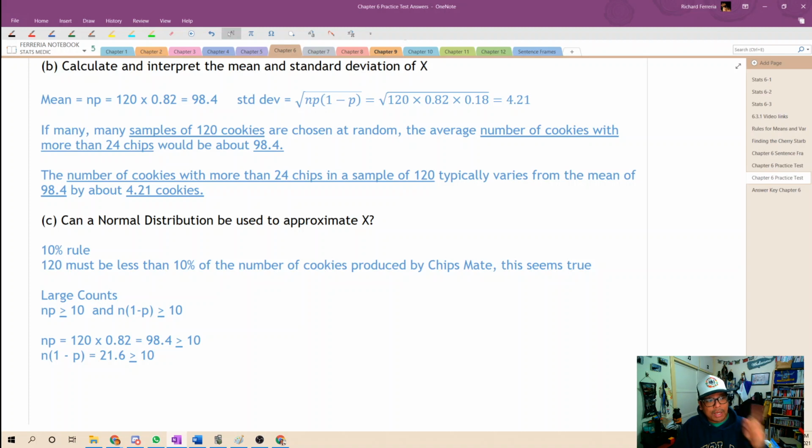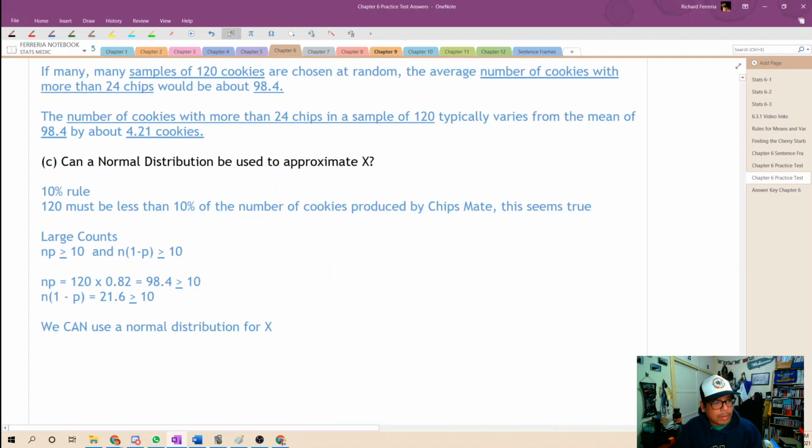We satisfied the 10% rule. We did large counts, so we can use a normal distribution for x. Put another way, we knew that x was binomial with a number of trials of 120 and a probability of success of 0.82.